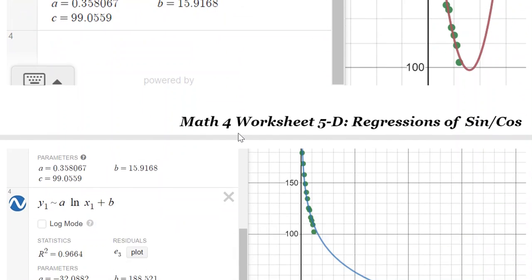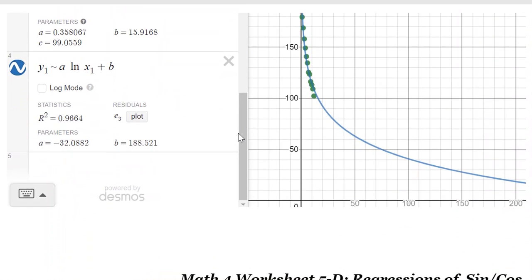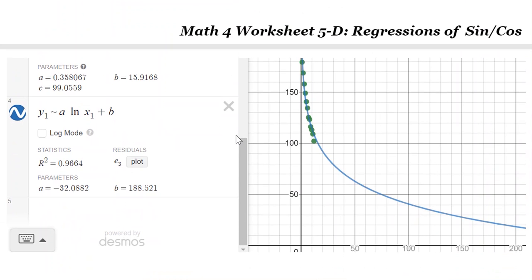So I said, all right, well, let's try our logarithm. We seem to see a lot of situations where the logarithm was helpful. Now, these were degrees in Fahrenheit, correct? And so 32 degrees Fahrenheit is freezing.